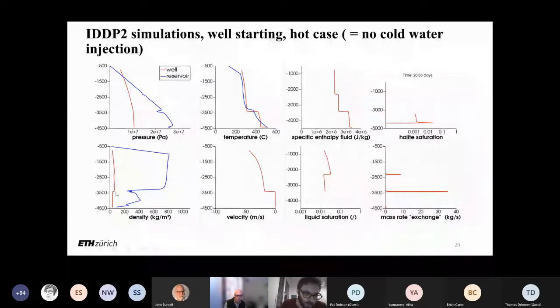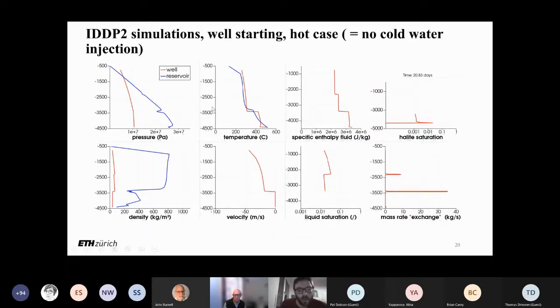So this is the density profile in the well now. And so you have those 3 feed zones.